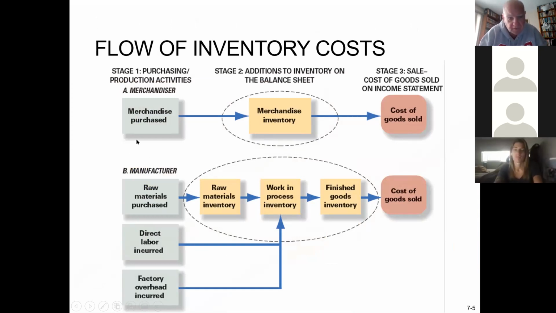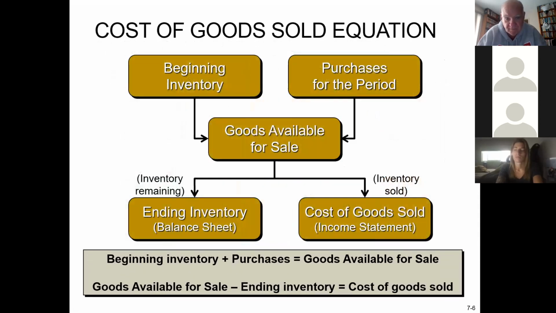We buy merchandise, it goes onto the balance sheet, and when we sell it, we credit that inventory and we debit the cost of goods sold. That's the basic. Cost of goods sold, huh? Well, let's look at our little formula here. Beginning inventory.